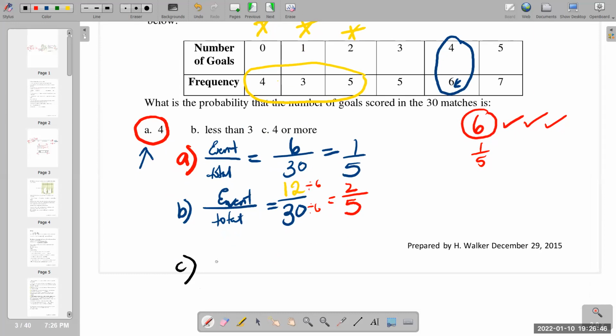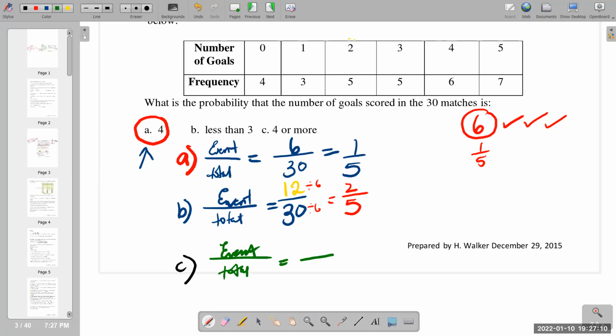So let's go. C. C is 4 or more. Everybody send me your answers. 4 or more. What is the probability of getting 4 goals or more? Again, let's take it back to the formula. The probability is always a fraction. The denominator is the total. The numerator is the event. And so we know the total doesn't change.